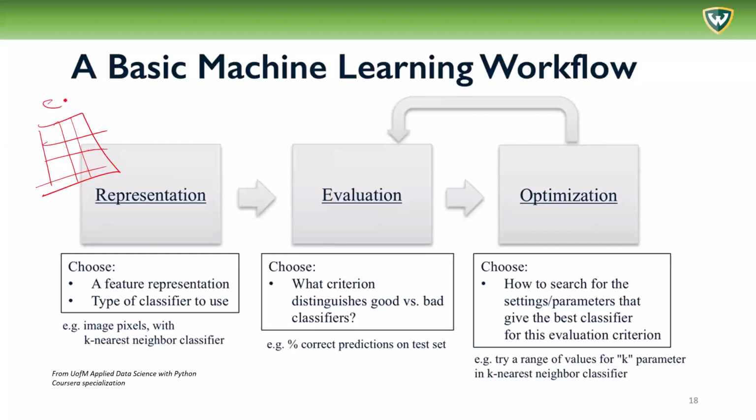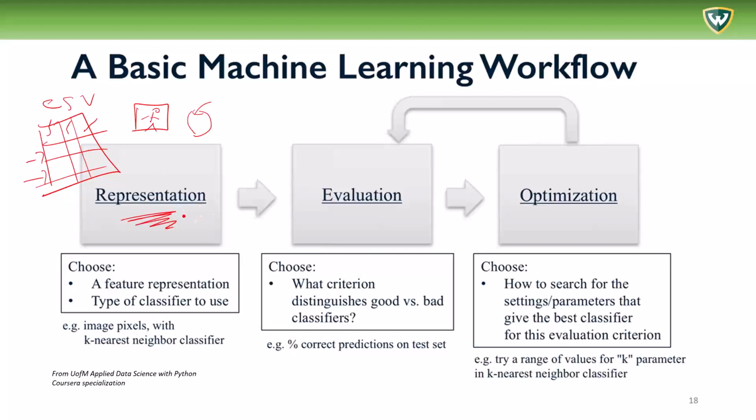Is it a regular CSV with columns of features and rows of instances? Or is it image data? Is it like a picture? Or is it a real object like apples or coconut? So we need to understand how the data is represented.